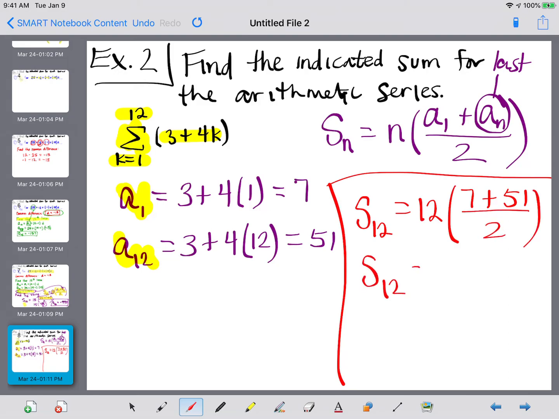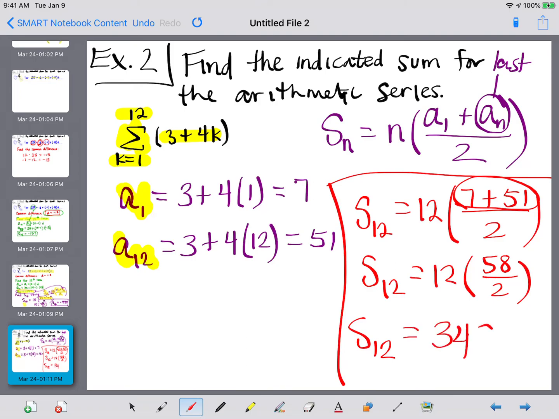Now remember, as you're figuring this out, we have to do the top part addition first. So this is going to be times 58 divided by 2. Since that division is in parentheses, we can take care of that first. 58 divided by 2 would give us 29. Multiply 29 by 12. And the sum of the first 12 terms of this sequence is 348.